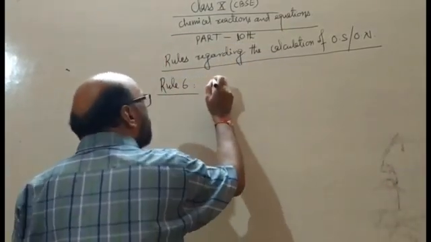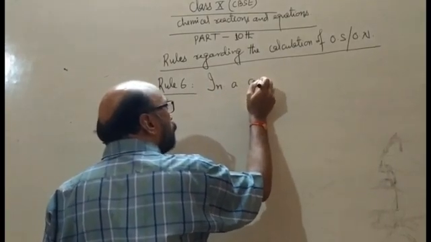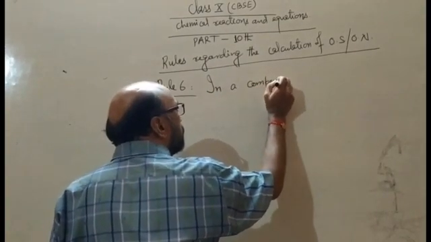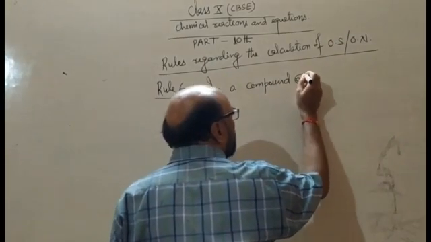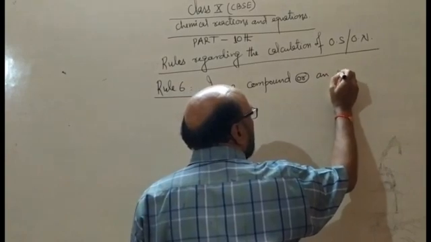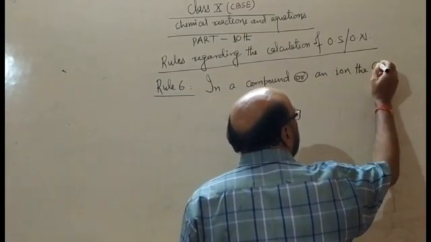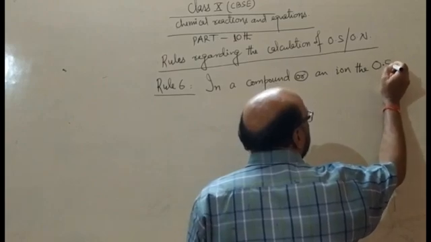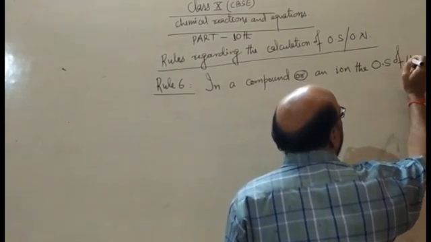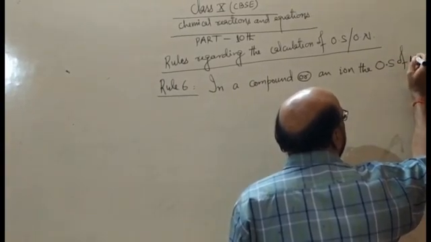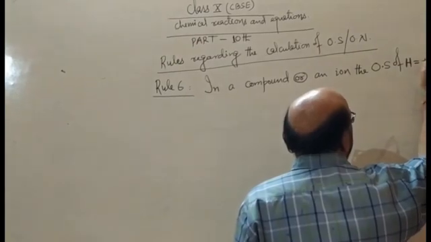We shall write rule 6 as: in a compound or an ion, the oxidation state of hydrogen is equal to plus 1.